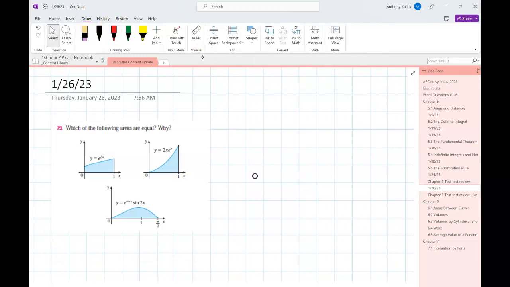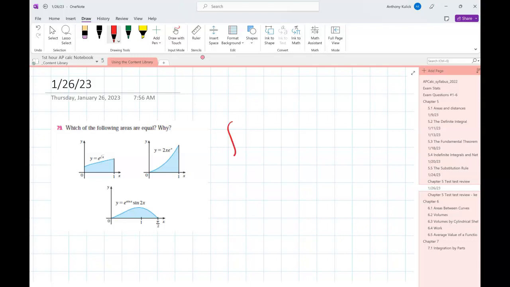So one thing I could do is I could do the integral for each of them and see if they have the same area, right? Or what I'm going to do is set up the U substitution and alter the bounds and just see if the integrals are the same. Because if it's the same integral, it's got to have the same area, right? So that's going to be my plan.